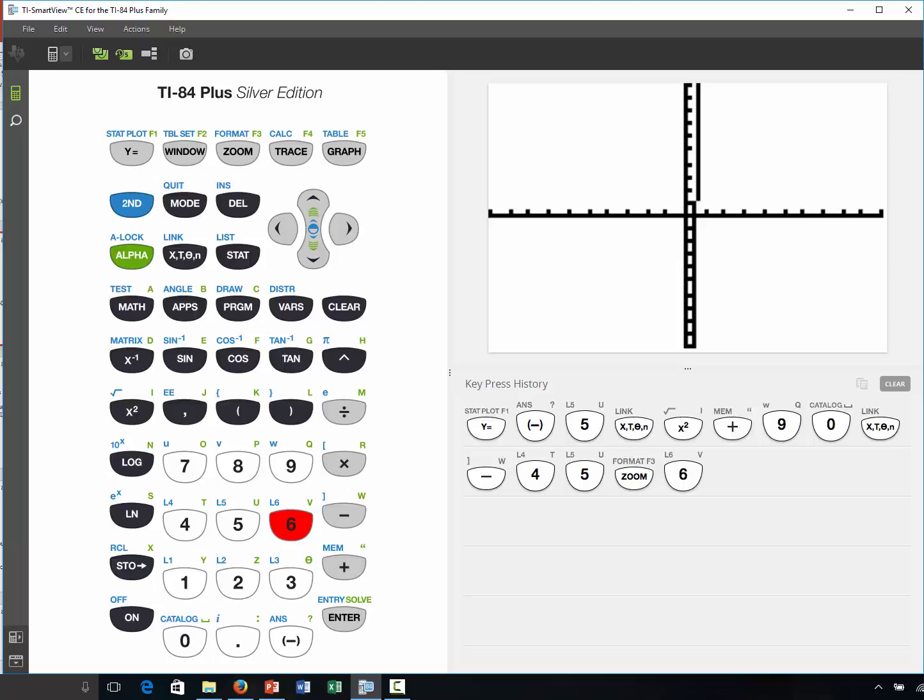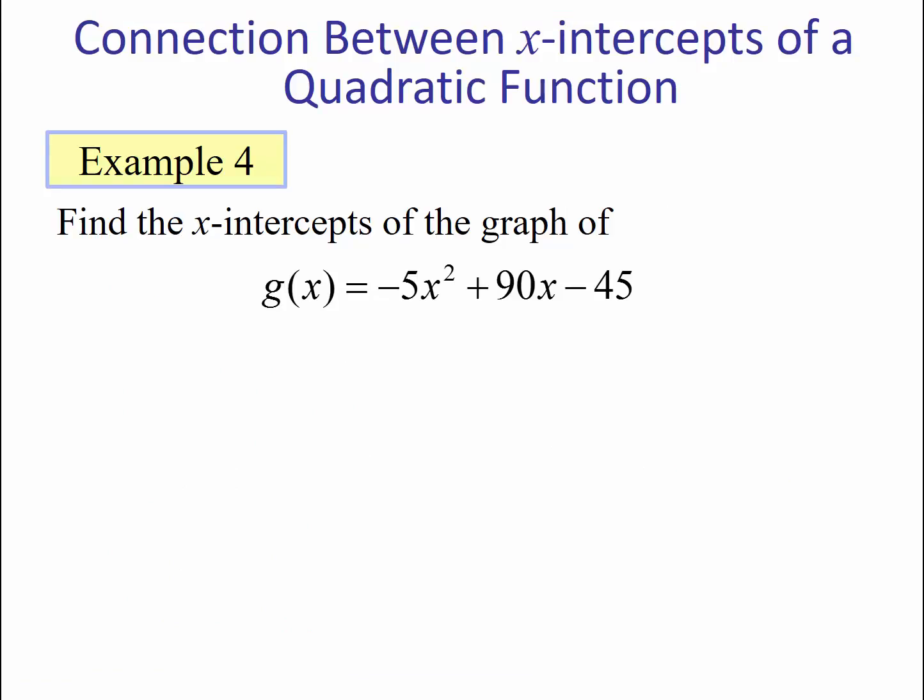To compute the axis of symmetry, if you recall, the formula is x equals negative b divided by 2a. In this example, this will become negative 90 divided by 2 times negative 5, which gives us a positive 9. So the axis of symmetry is the vertical line x equals 9.